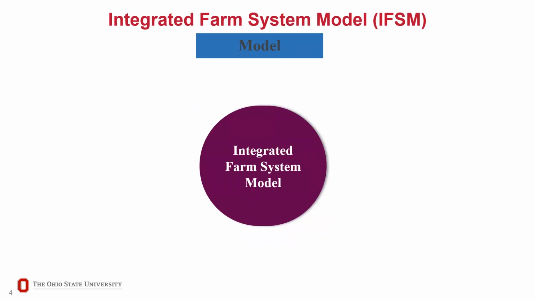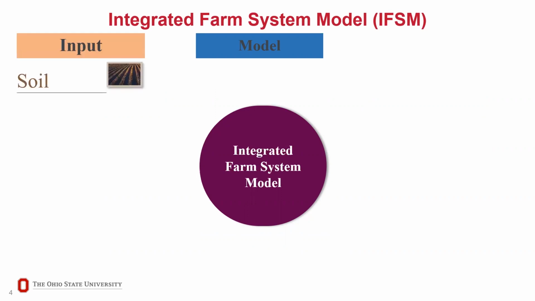The Integrated Farm System Model is the model we are going to use in this project. It was developed by the USDA, using about 25 years of research data to build this model. It also needs inputs. So what are the inputs?